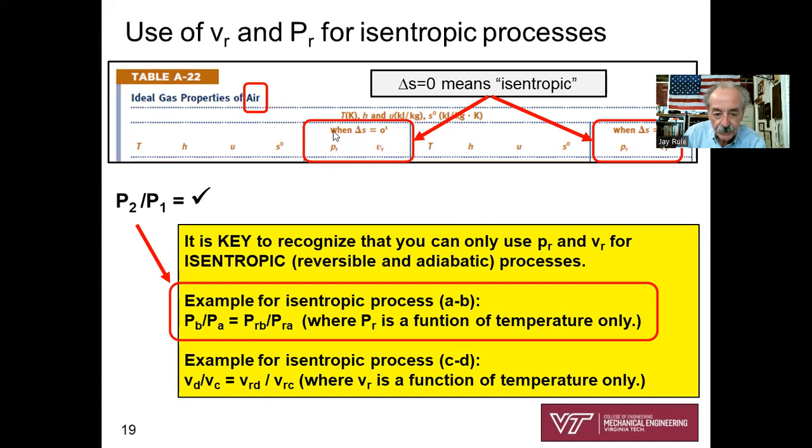We're going to use the column P_r, because for isentropic processes, we've seen in the textbook that P_2 over P_1, or in general P_B over P_A, equals P_r2 over P_r1. This is what's going to enable us to get moving in our problem, to find what we need.